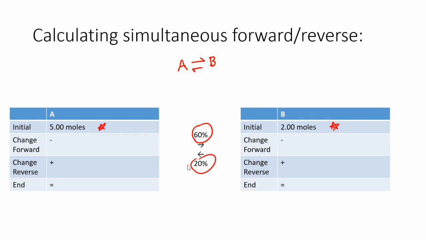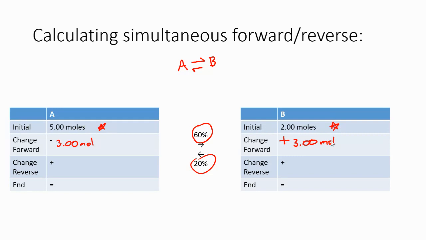So 5 moles of A are reacting at 60% per minute. That's the same reaction rate that we had before. So we had 3 moles of A disappear on this side and 3 moles actually up here. That should be a positive sign on this side.